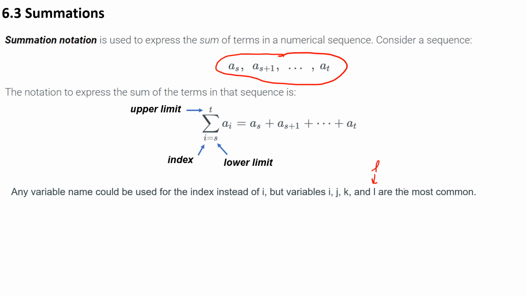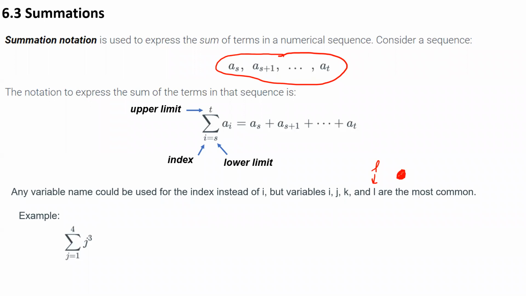I haven't seen L used much unless it would be a capital L. Usually when you see summations, it's either I, J's, or K's. But again, it doesn't matter what you do. It's just like with loops, where we as programmers usually use I's, J's, or K's to represent that counting variable for the loops. Same thing here for these variables for summations. We usually use I's, J's, or K's.